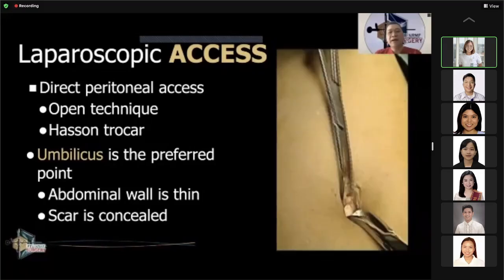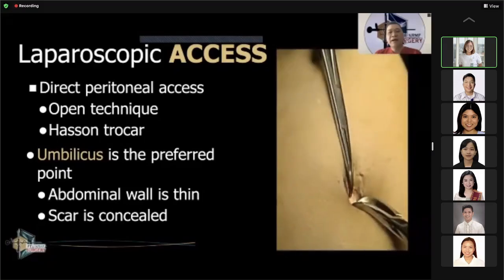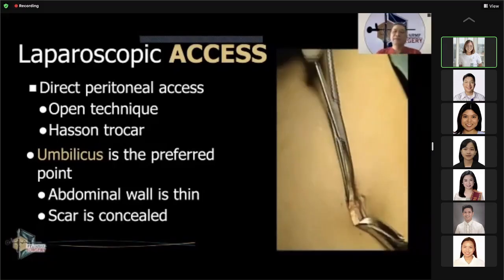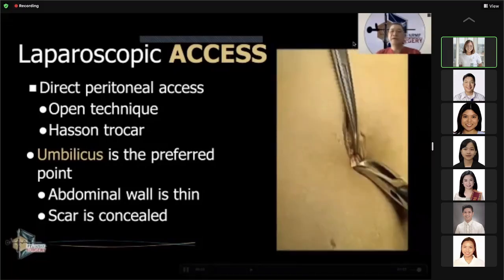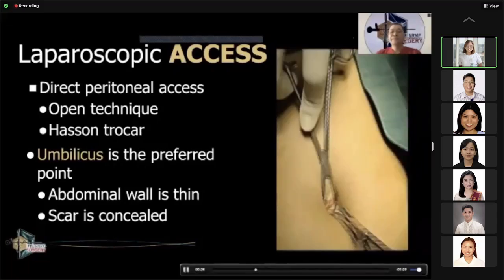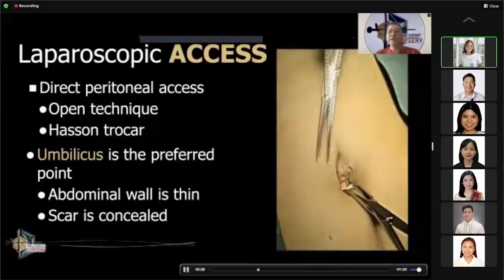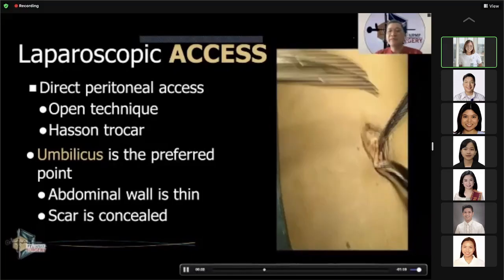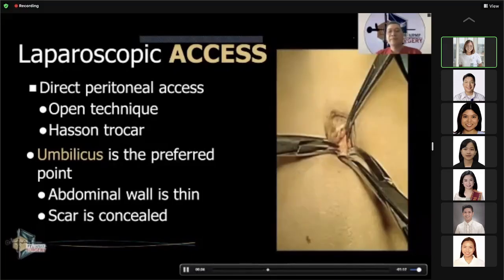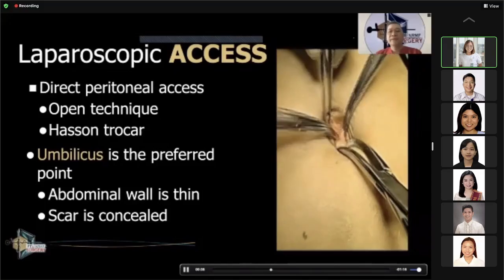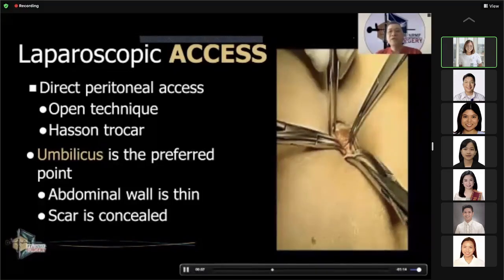So you make the incision and dissect the fat, and then you grab your fascia. Okay, there's your fascia now. You grab your fascia or the umbilical ring, and then you cut that fascia vertically.